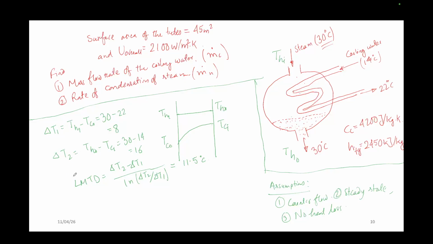Now in the question they have asked us to find m dot c. So we know Q heat is m c Cc into TCO minus TCI, right?